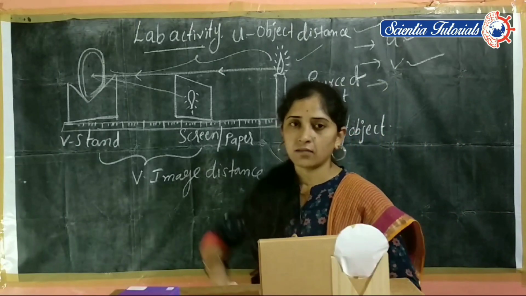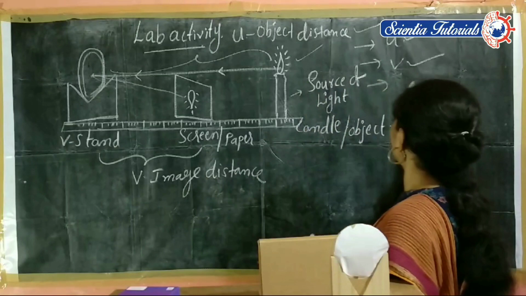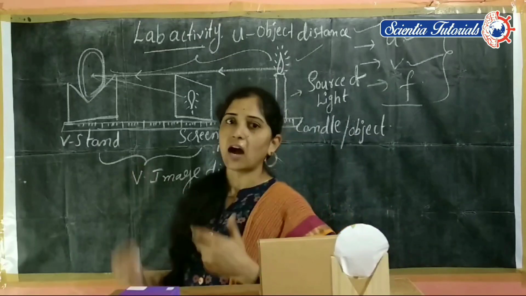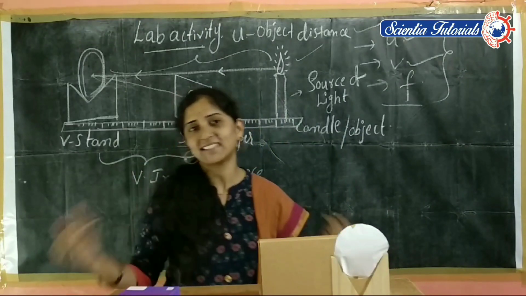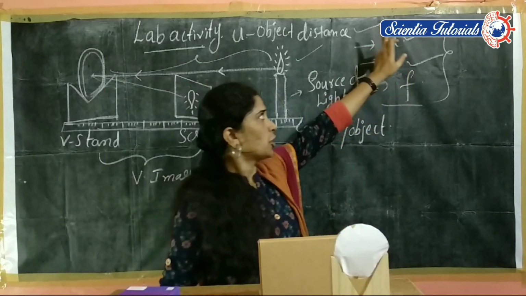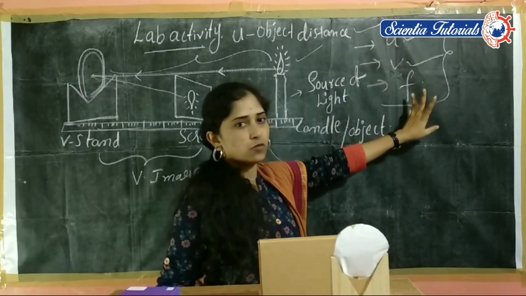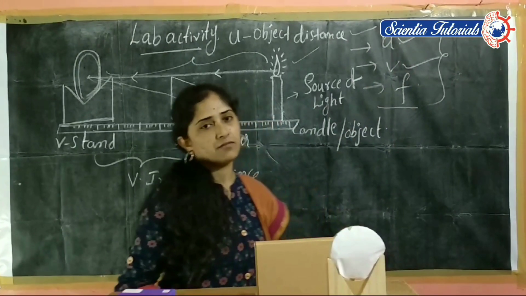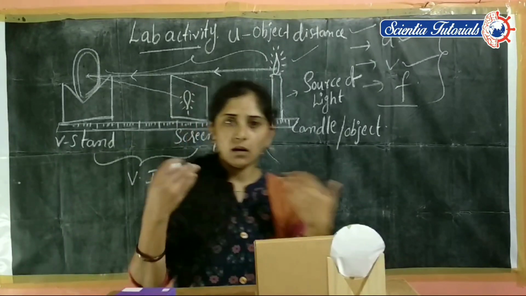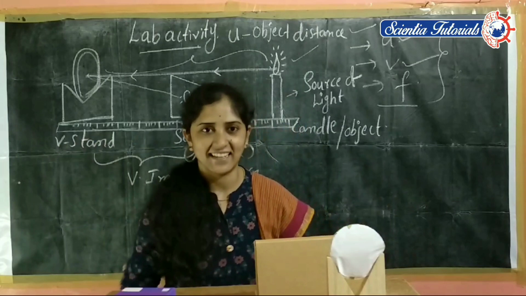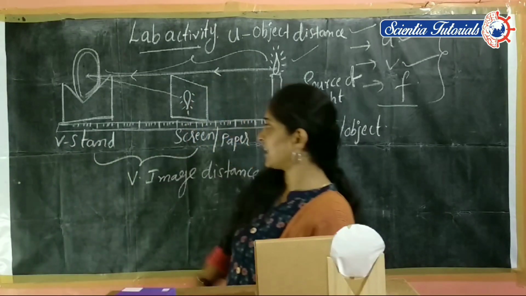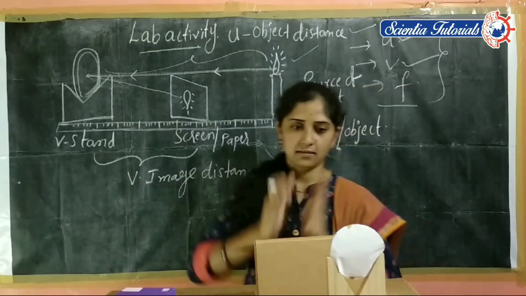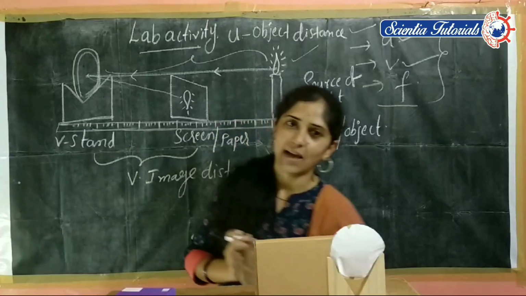By using these three terms, object distance, image distance, and focal length of the mirror, we can derive the mirror formula for the concave or convex mirror. We will discuss that in another session. Thank you. I hope you understand the lab activity, its procedure, and the materials required for it. Thank you.